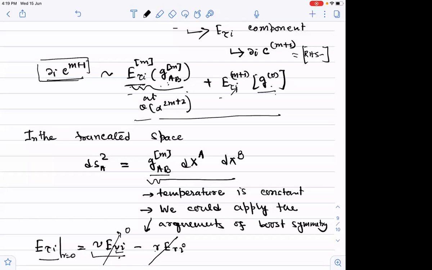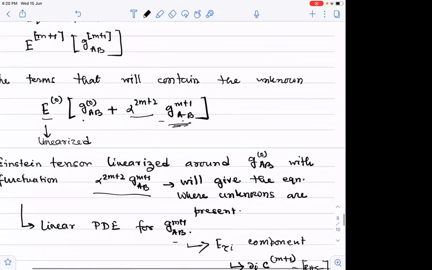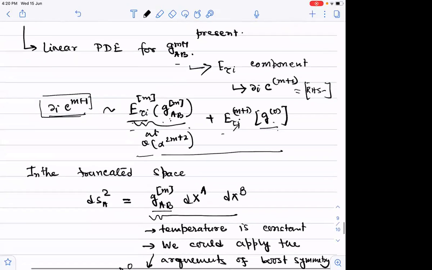I can apply the argument of boost to it provided C is constant. Yeah, that's what I'm wondering, because I thought the boost was the stationarity assumption, right? But C being constant is not part of that, no? So why do you need constant? No, C is constant only in stationarity. Even C is defined in that way. But C could be a function of Yi and the boost invariance should still be maintained, right?